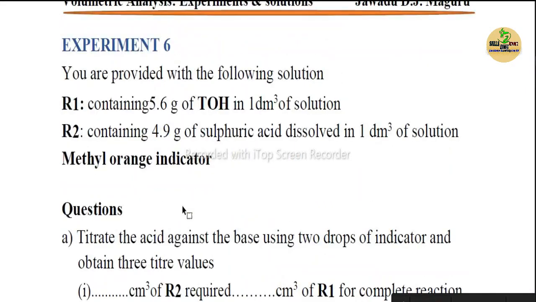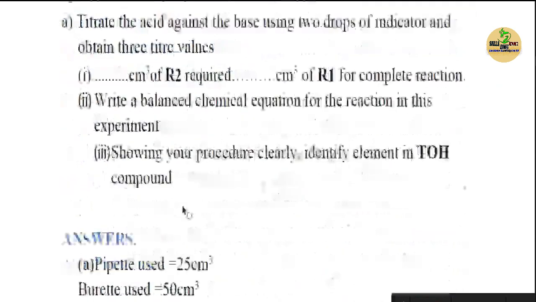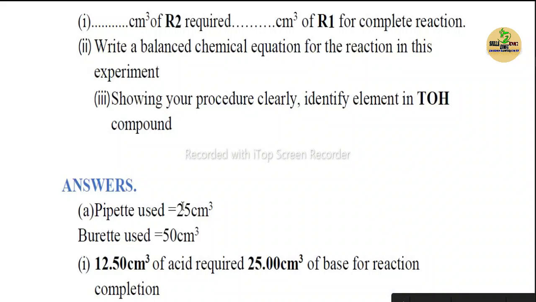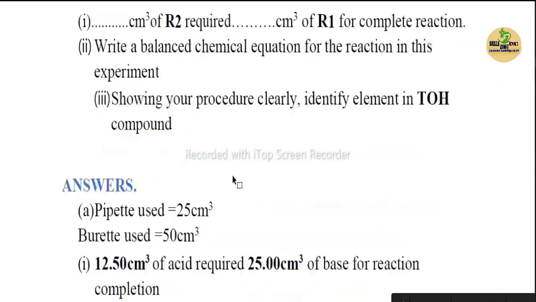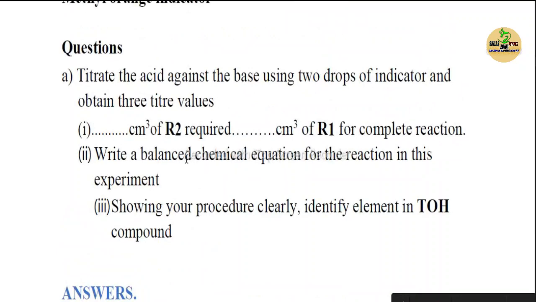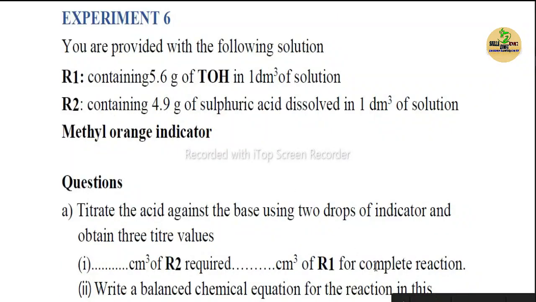Because we are going to find the value of T after calculating molarity of base, we are required to find the molar mass of the compound. So in order to get the molar mass of the compound, we have to use molarity and the concentration.